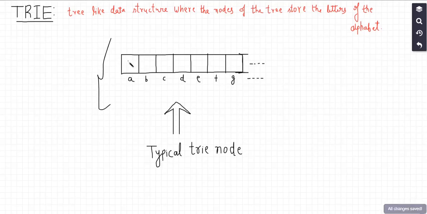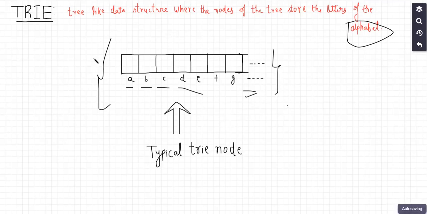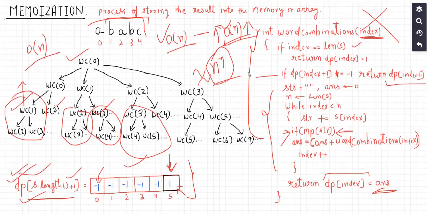A trie node contains 27 slots which are made for 27 letters of the small alphabet, and that's all. That's a trie node, and a set of such trie nodes is what we call a trie data structure. Okay, so let's see how we can use this trie data structure to optimize the solution that we have.